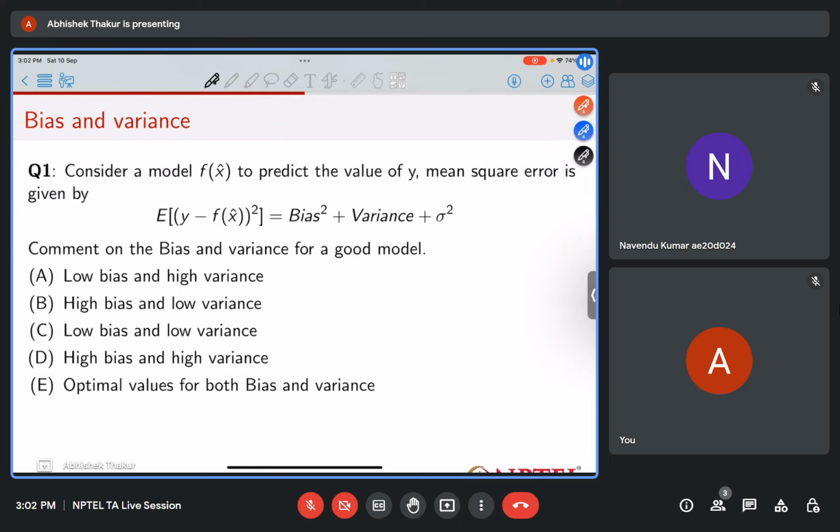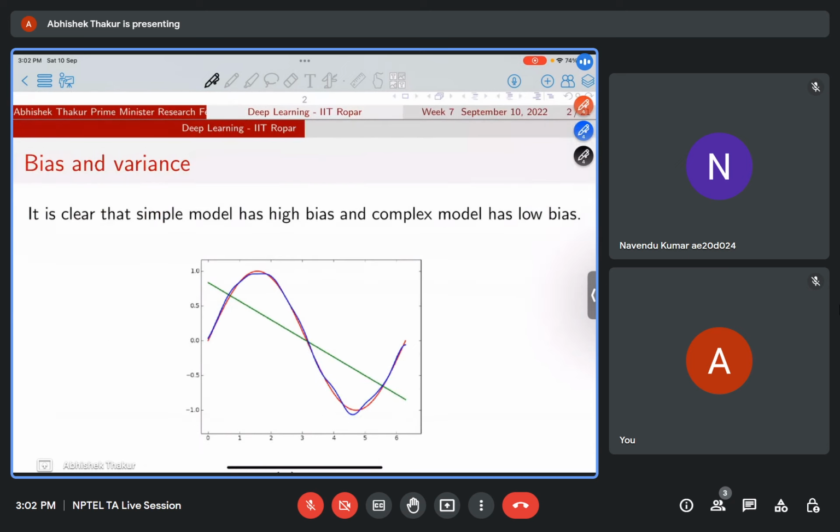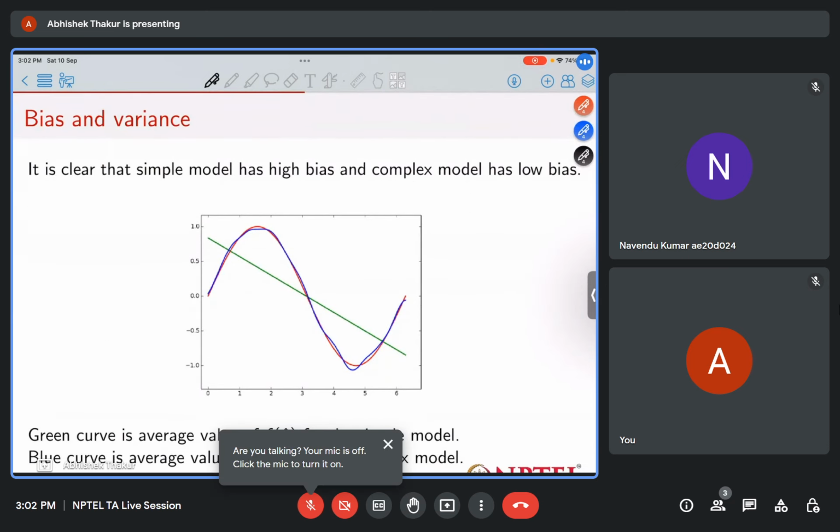This is given as bias squared plus variance plus sigma squared. Now in this question, it is asking about the comment on the bias and variance for a good model. You can also answer if you know this answer in the chat box or in the YouTube comment box. But before that, we will see some of the basic concepts related to bias and variance.